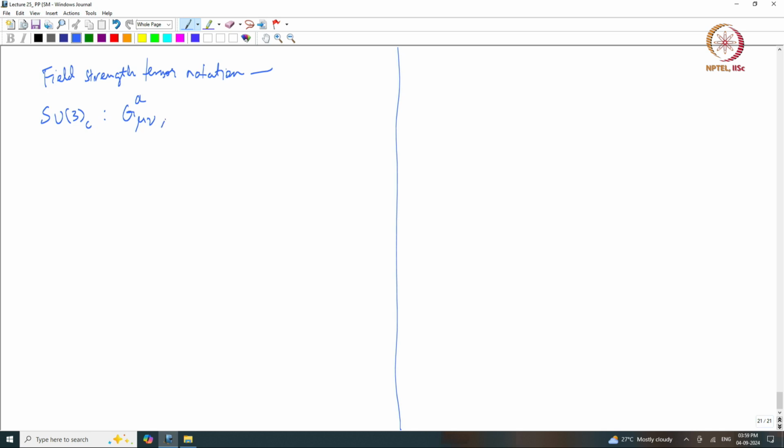And then the SU(2), what do you think is an intuitive notation for that? W mu nu. So it should be clear what this is, right? This is for the gluon, that's why it's a G, and this is for the W boson, right?